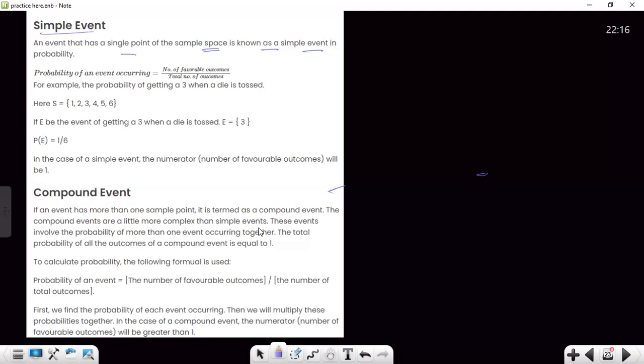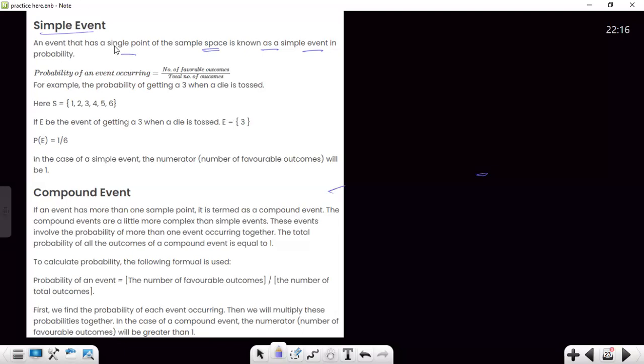There's no complexity about it. A simple event has only one outcome in its sample space: if I press the power button of my laptop, the screen goes blank. That's the simple outcome. Only one outcome. So that's a simple event.